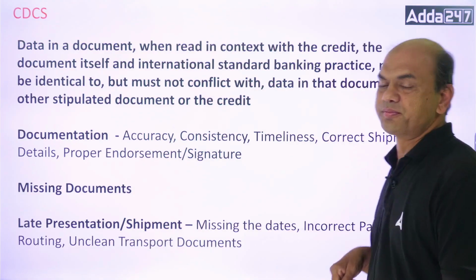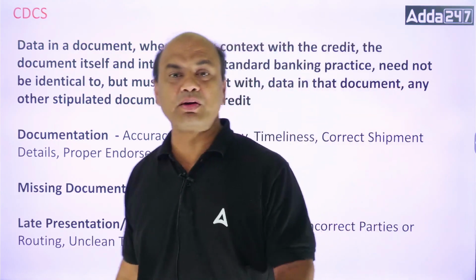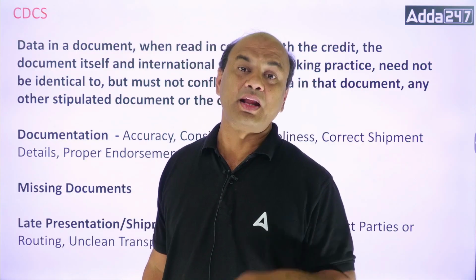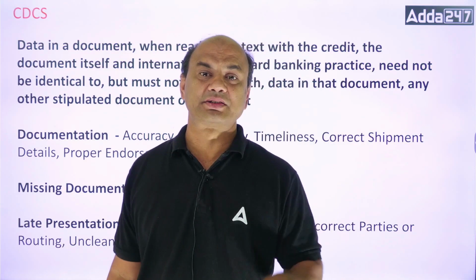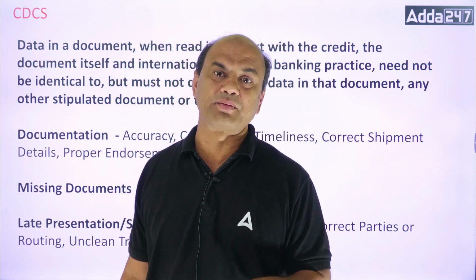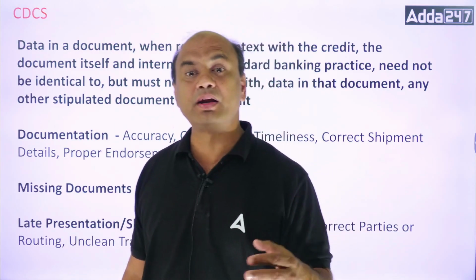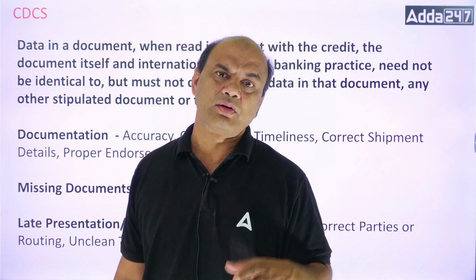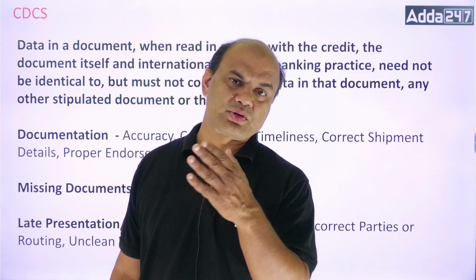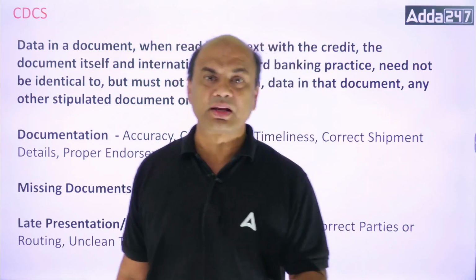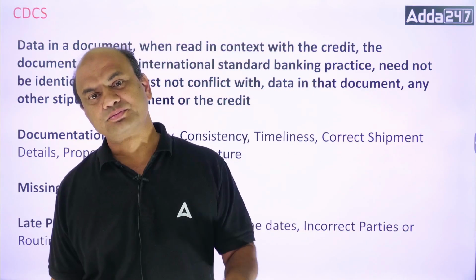Correct shipment means shipment of the goods, whatever is asked for. It has happened with one of the banks in which I was working. I mean, this didn't happen in shipment actually, it happened in documentation. Documents were to be sent to the X issuing bank, they were sent to Y issuing bank. Similarly, the thing can happen in shipment also.